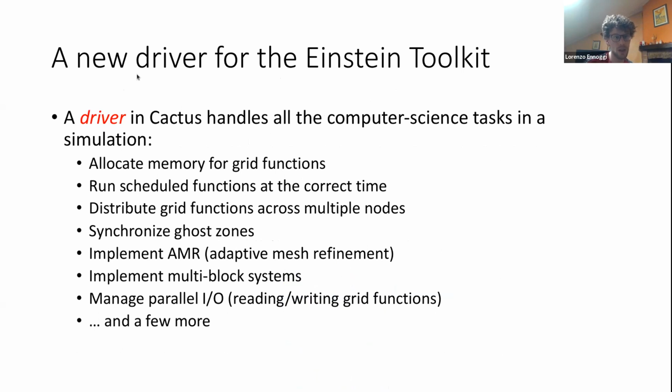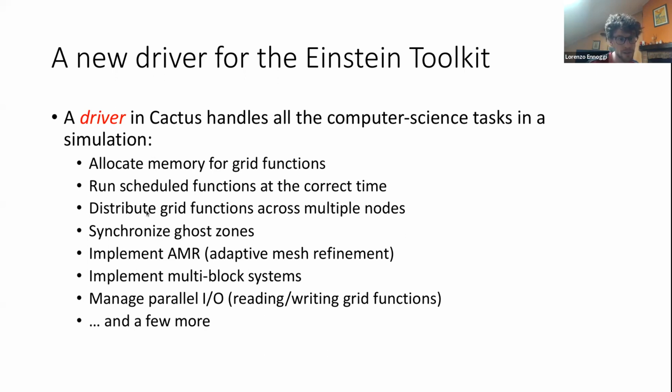So, in general, a driver in Cactus is something that handles all the computer science tasks in a simulation. For example, it manages allocation of memory for grid functions, and it takes care of running scheduled functions at the correct time.